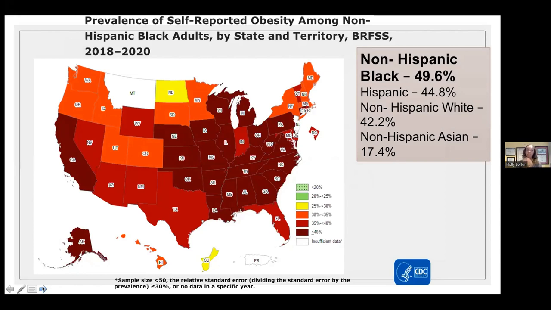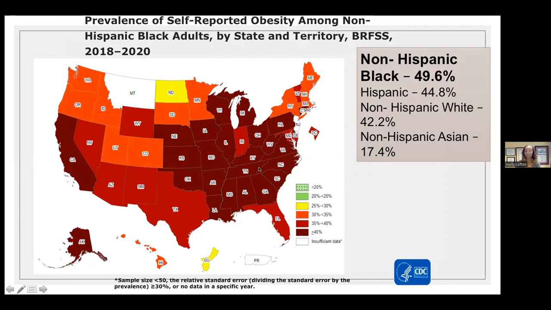Undoubtedly, I'm sure you've seen these CDC maps looking at the prevalence of obesity by state in the United States. Here I just want to point out, I'm from Georgia. The South and now a lot of the Midwest as well have very high rates of obesity.